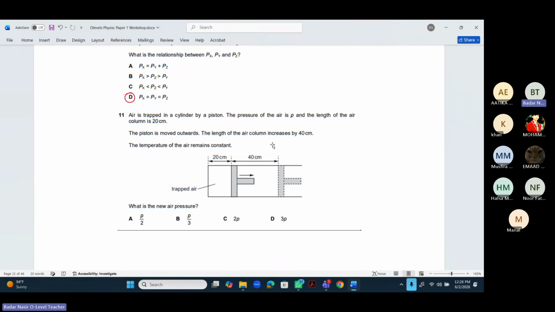So देखो, pressure is inversely proportional to volume. वॉल्यूम किसके इक्वल होता है? ये पिस्टन का एरिया into its length.